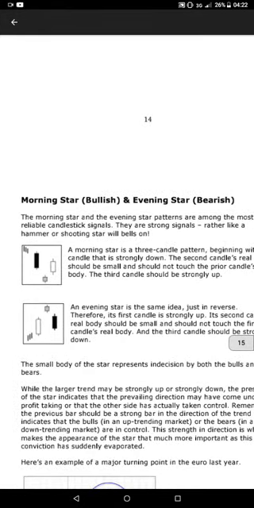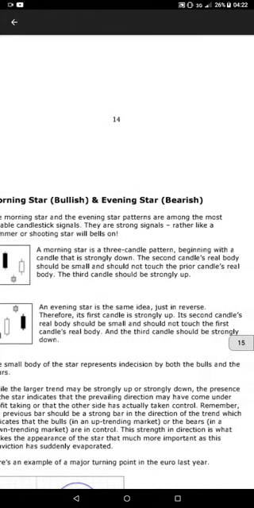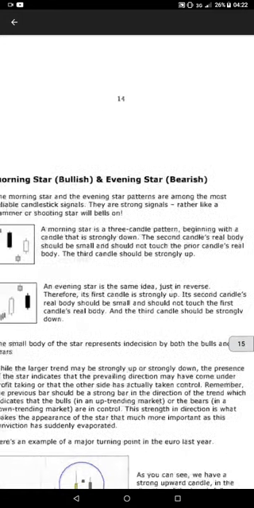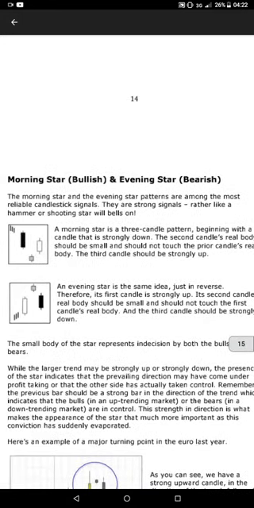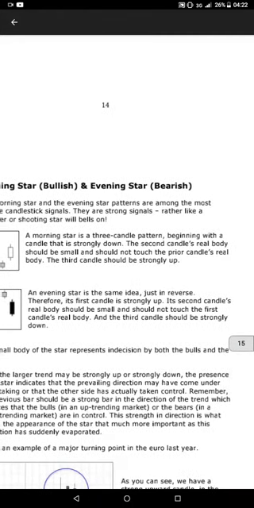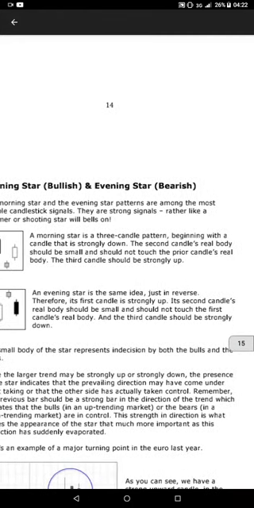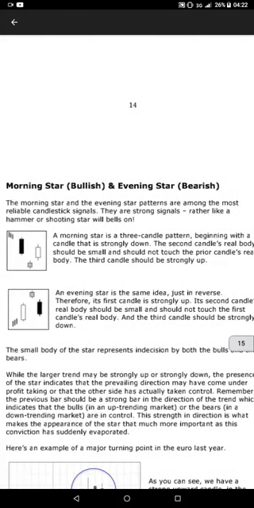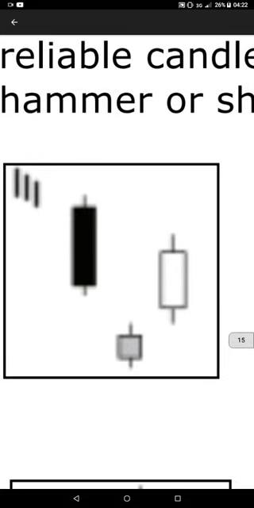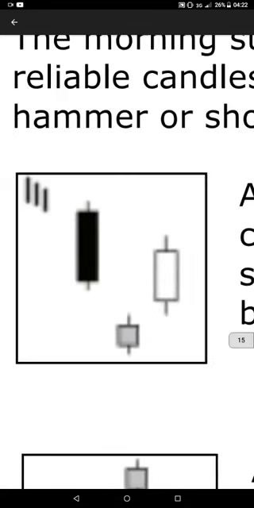A morning star is a three candle pattern that begins with a candle that is strongly down. The second candle's real body should be small and should not touch the prior candle's real body. The third candle should be strongly up. As you can see here, guys, this is what they are talking about.